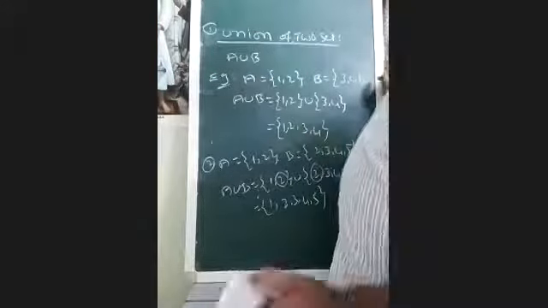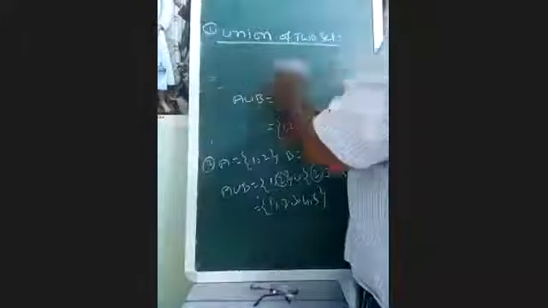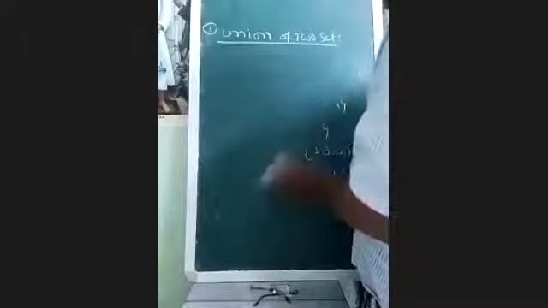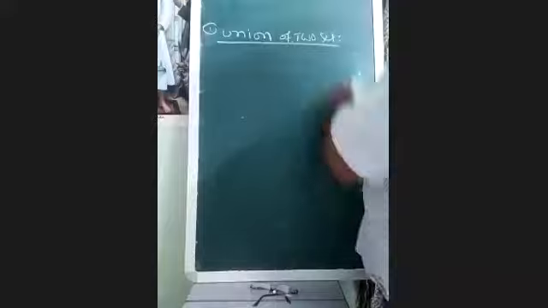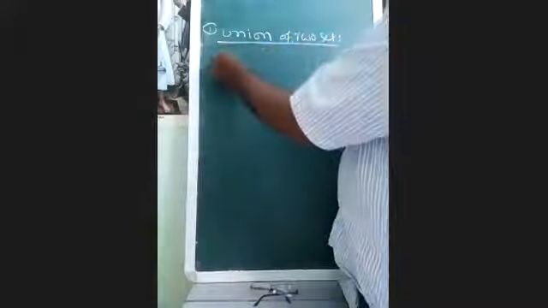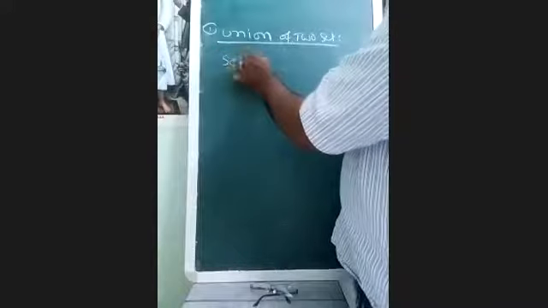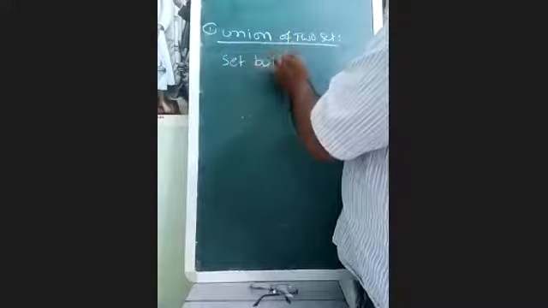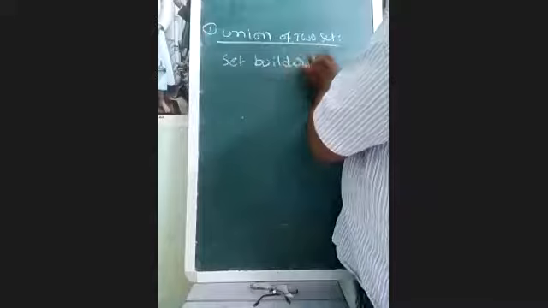Okay, ma'am. Now the set builder form of union. Roster form, that is set builder form. Union of two sets in set builder form.